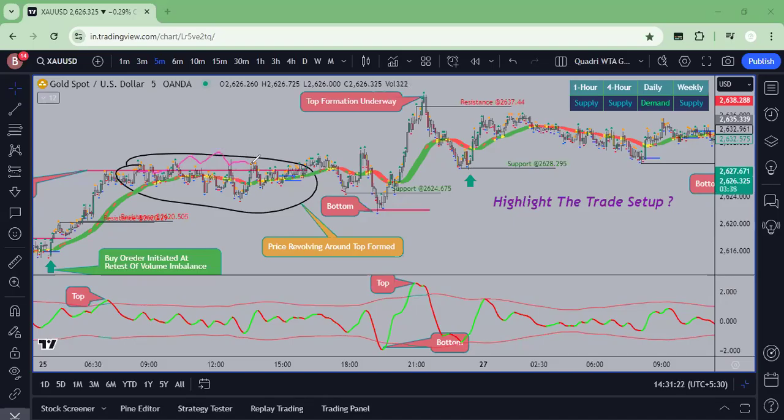Though there are certain people who look for multiple trading opportunities because this particular top formation has held and every time price approaches this level, price goes downwards. There are certain students who might take multiple trades, but I'm not of that notion. One or two, if we get a clear-cut indication that this is a swing.